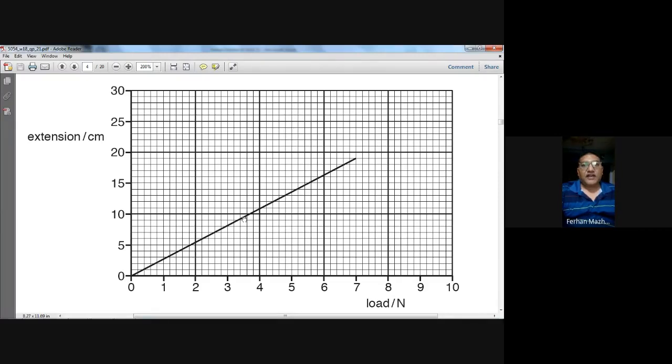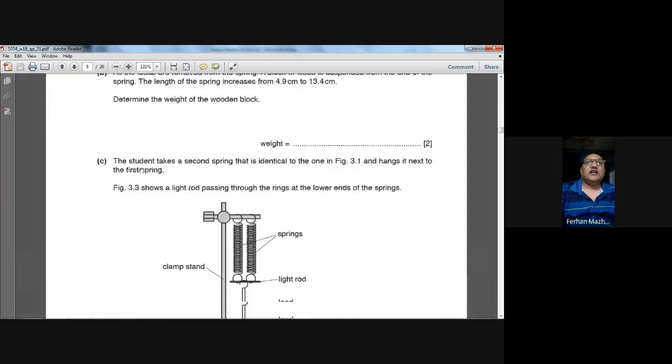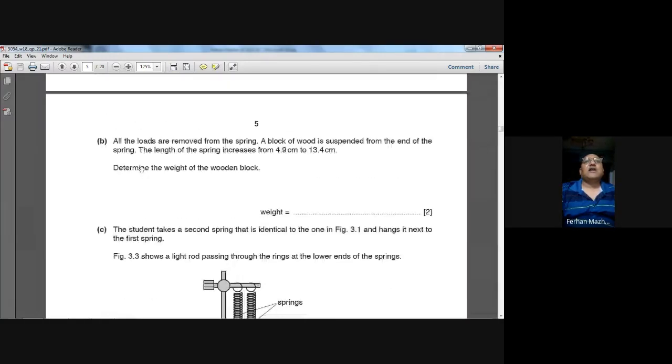And from here, go down and check what is the value of the load. This is how you will be able to do it, because the extension is given as 8.5 centimeter. By using the figure, I will be able to tell what is the load of that wood. So I hope I have made my point clear. It's a 2-mark question.